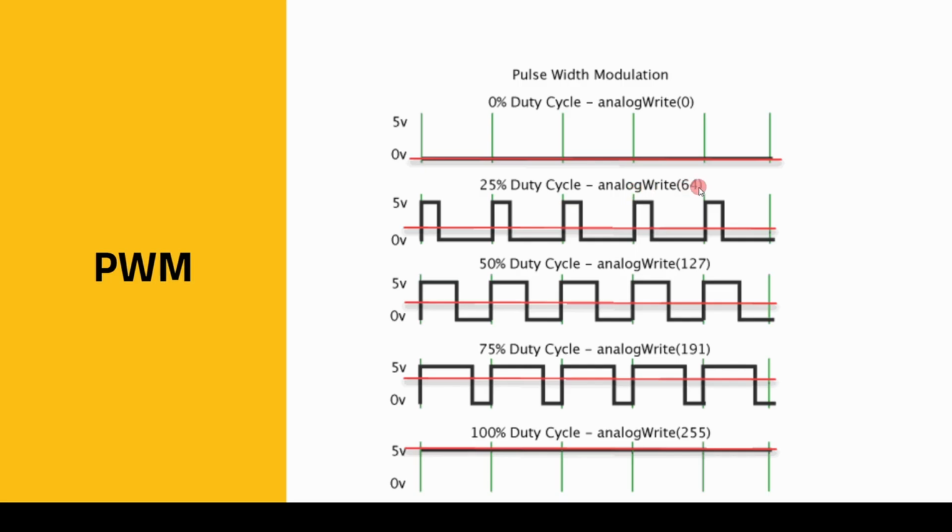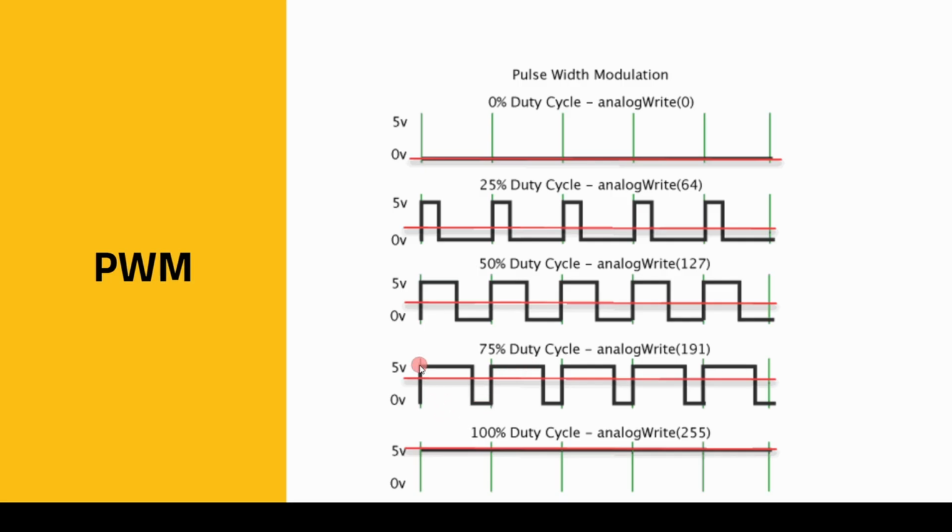And then as you keep increasing the value on analog write, if you go halfway, like 127, which is 50% duty cycle, you get a proper nice square wave where the on time and the off time are equal, and you can see that the red line has risen some more, and that value would now be 2.5 volts. And then you can keep going at a value of analog write 191, you'll have 75% duty cycle, so on for a longer time and off for a shorter time.